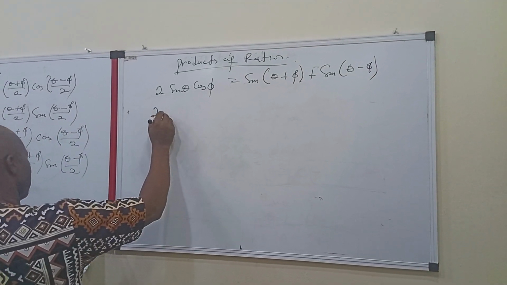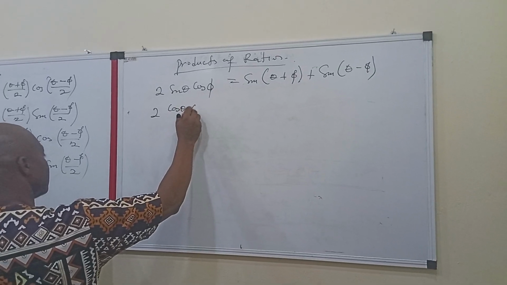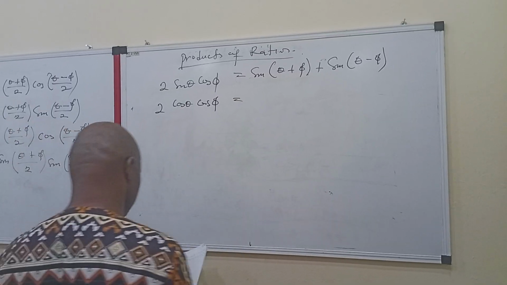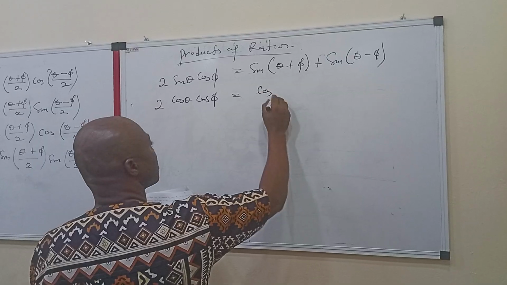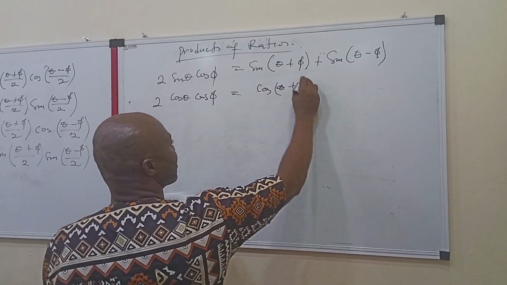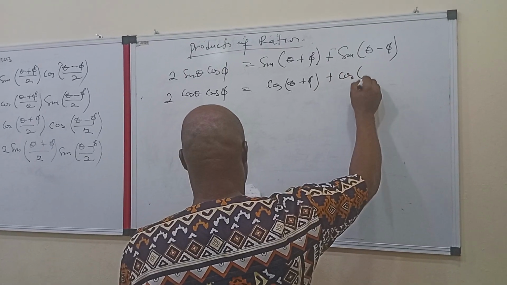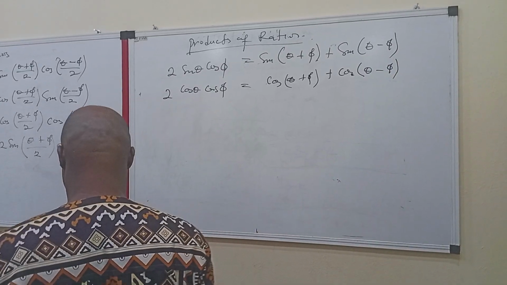Then we also have 2 cos theta cos phi is equal to cos (theta plus phi) plus cos (theta minus phi). That's what you have.